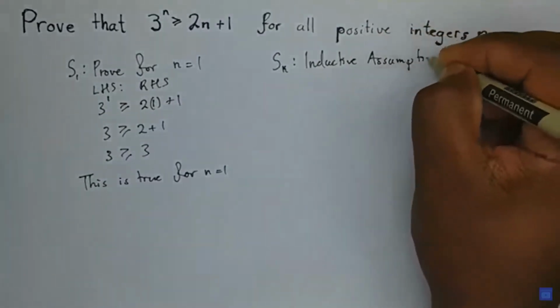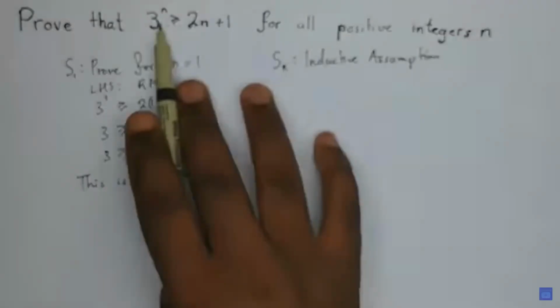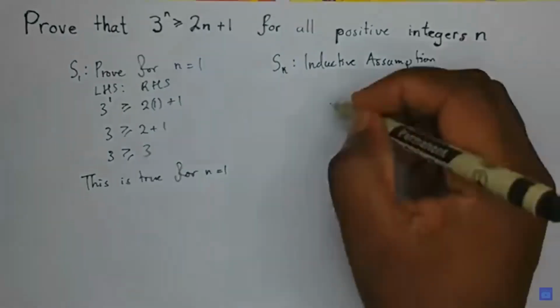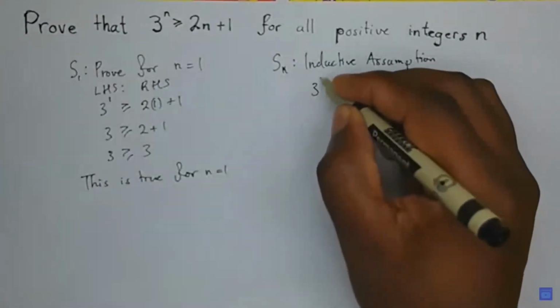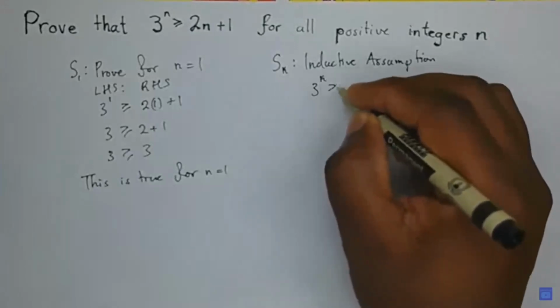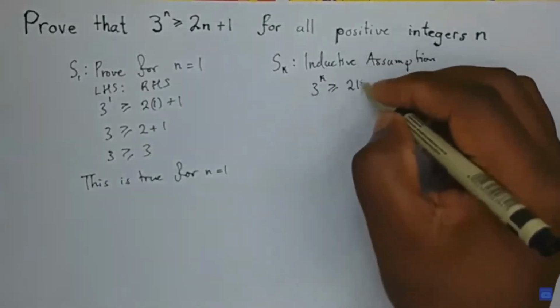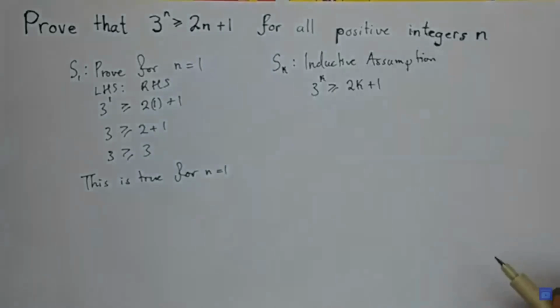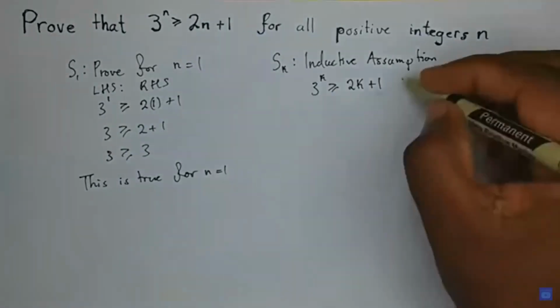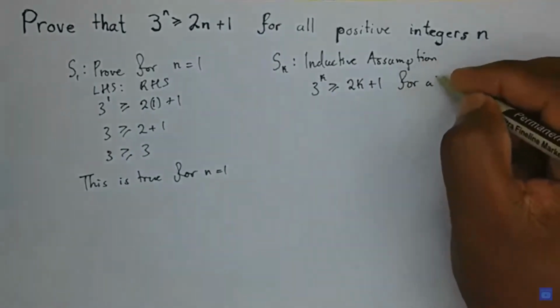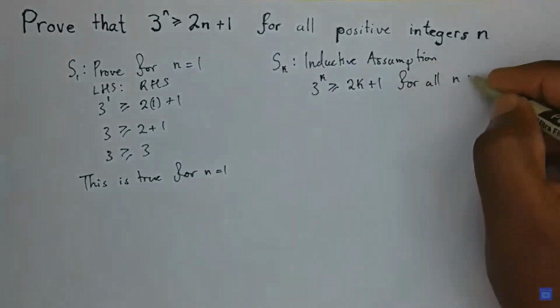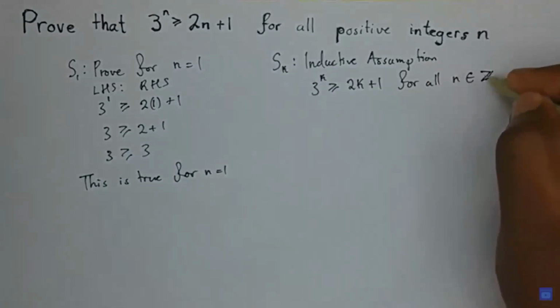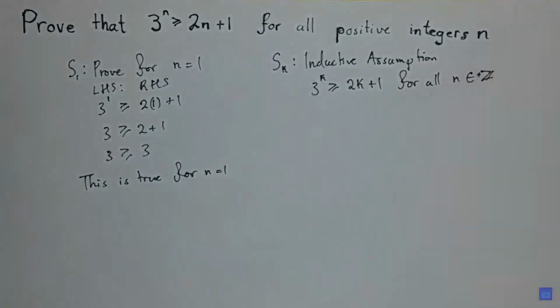Okay. So in the inductive assumption, we're just going to replace n to get 3 to the power k is greater than or equal to 2k plus 1. Now, since it's an assumption, we're saying that this holds for all n, a member of the positive integers.